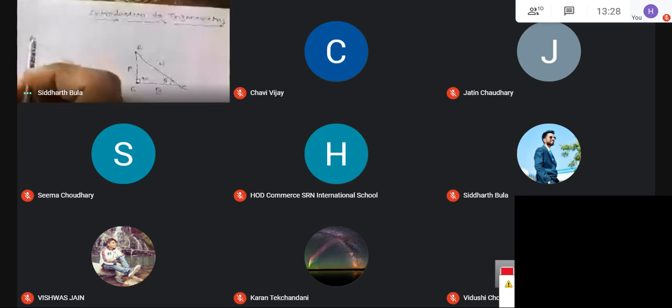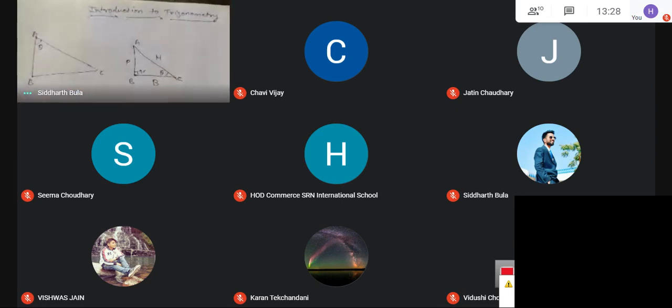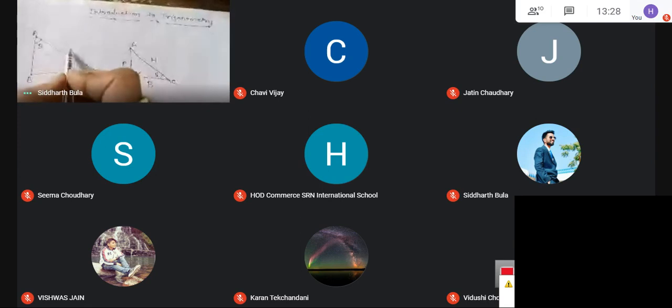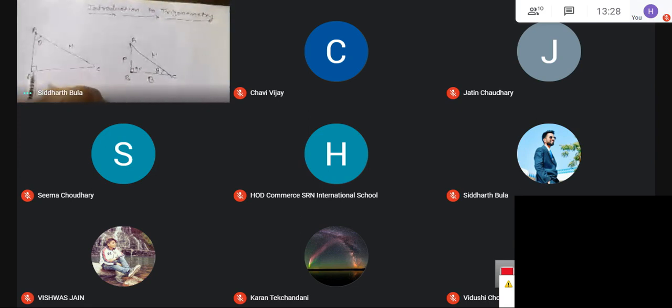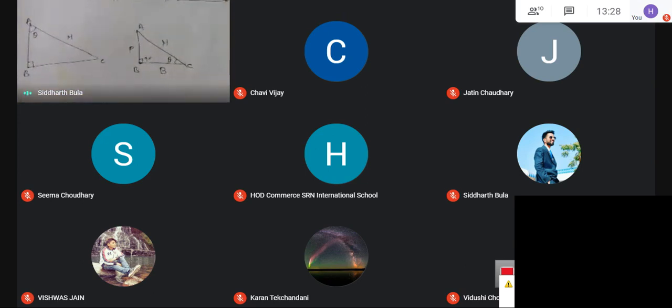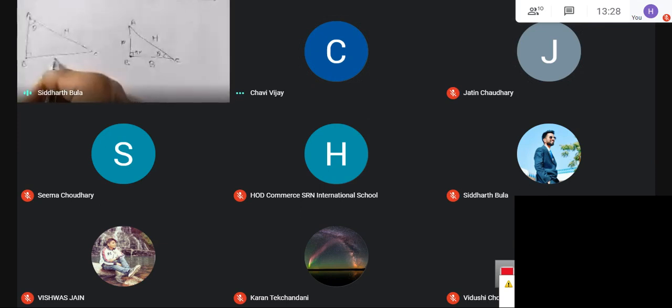A, B, C. Longest side, hypotenuse. Now which one will be the perpendicular in this figure? BC, exactly. The side opposite to theta is the perpendicular. This is going to be the base.